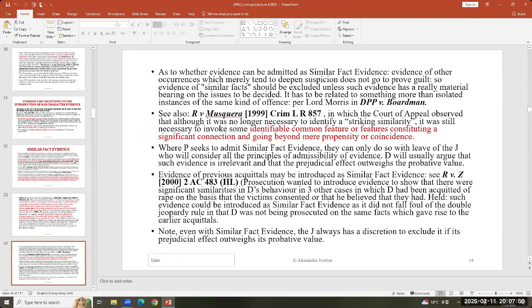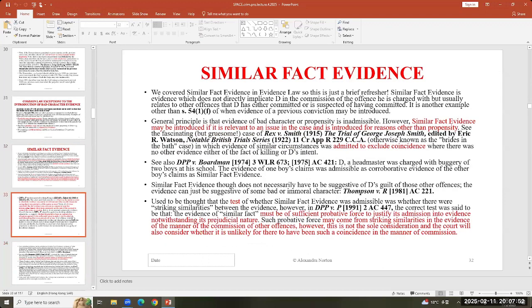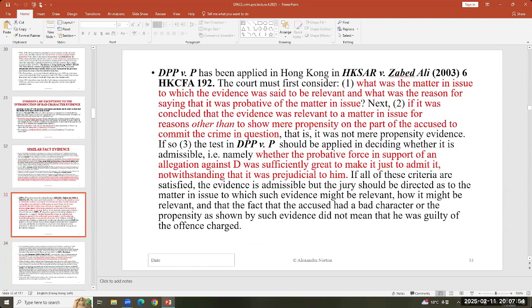And when we think about similar fact evidence, I think what we need to keep in mind is the court is trying to perform a balancing exercise between a situation in which a crime has been committed, but nobody's seen it, like brides in the bath, right? But the way in which it's happened is so similar that it really can't just be a coincidence, right?